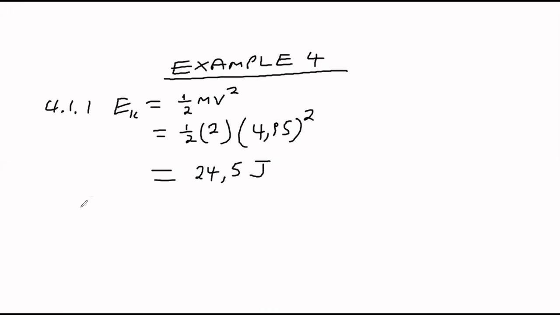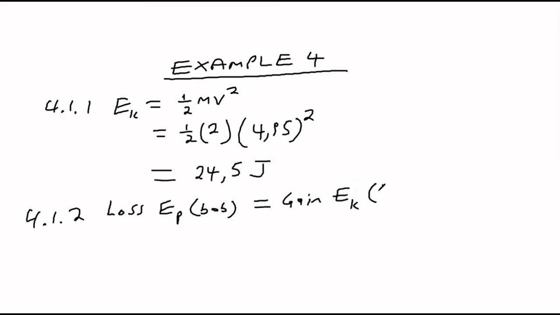Okay. 4.1.2. We need to calculate the height which is reached by the object after the collision with the block. So we can use this formula: loss of potential energy by the bob is equal to the gain of kinetic energy by the block.